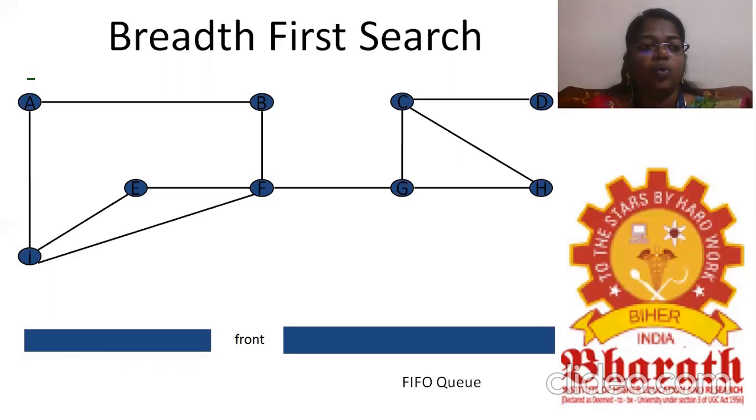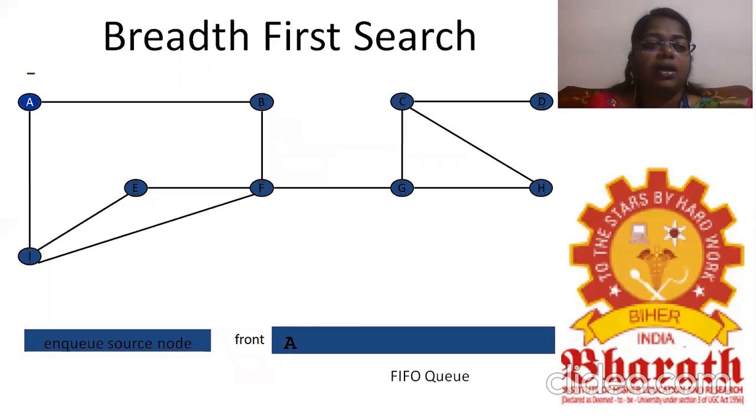Now we are going to check node A. So now we are in node A, and we have to enqueue the source node A into the FIFO queue. Now we have node A inside the FIFO queue.